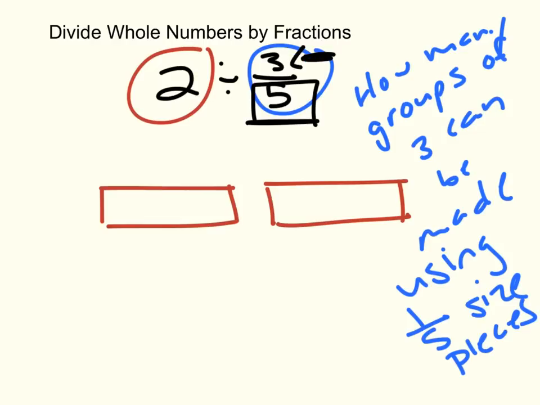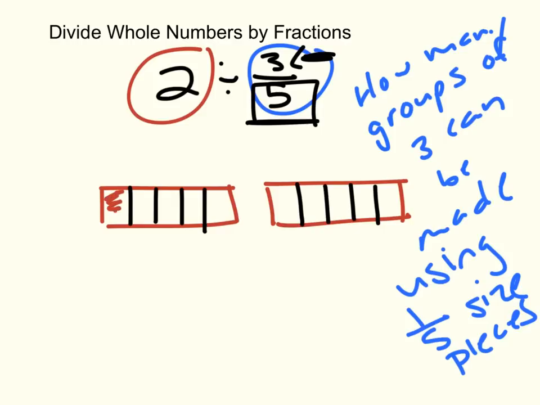So as we go through here, we're going to break this into fifths. 1, 2, 3, 4, 5. 1, 2, 3, 4, 5. So now I want to think groups of 3. I have them in my fifths, so it doesn't matter the size anymore. Now I just want to know how many groups of 3 can be made.